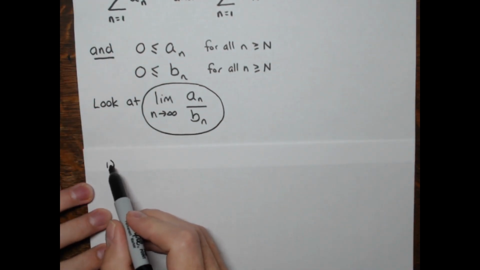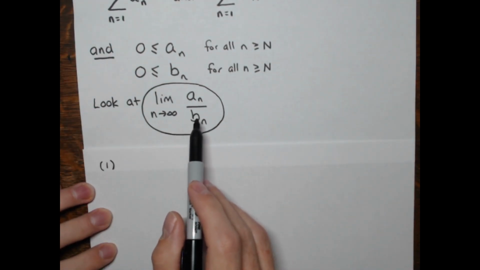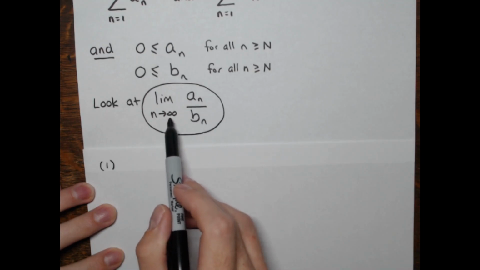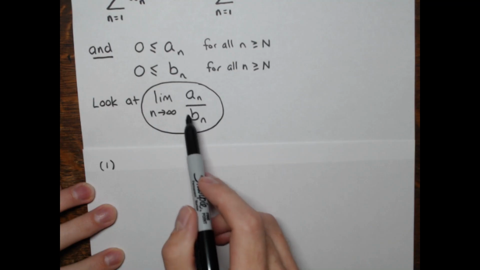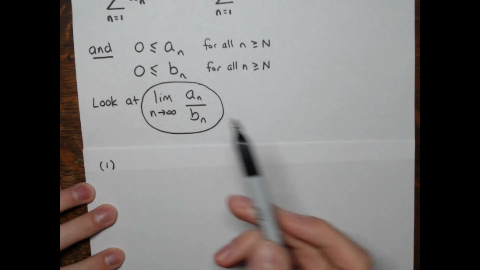So one, if this limit is some positive, because again, these will eventually, as n goes to infinity, right after some point, these are non-negative numbers, right? So this would be some positive, positive, positive, positive thing, right?